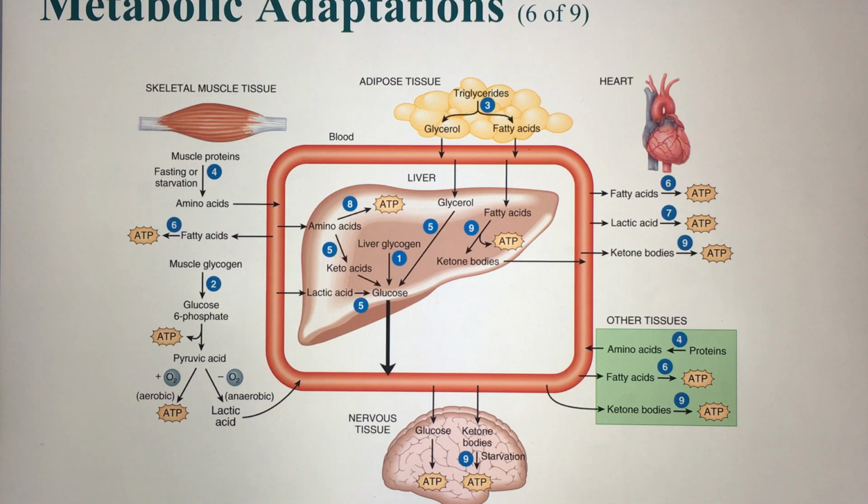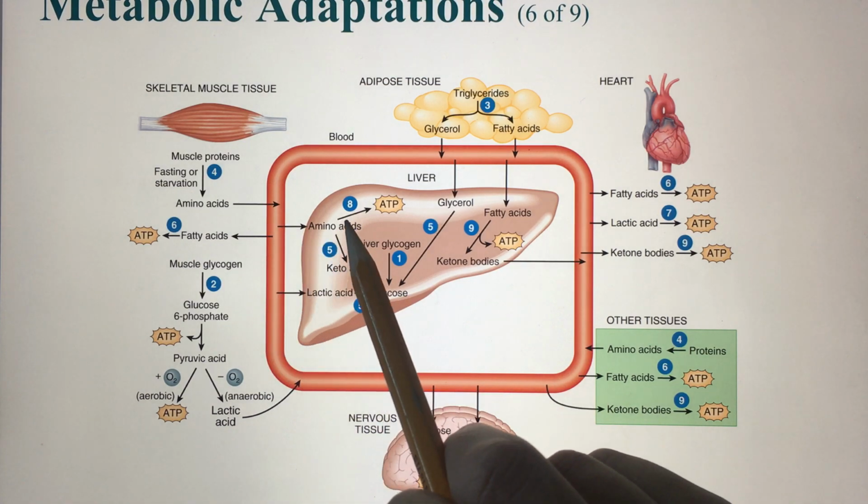Number 4. The proteins in all the body's tissues can also be broken down into amino acids. These amino acids are placed in the bloodstream, and they will travel through the bloodstream to the liver.